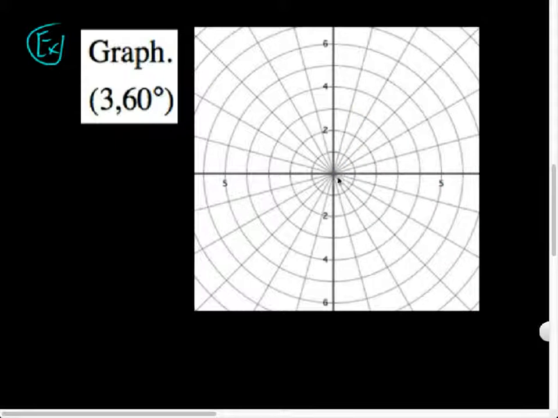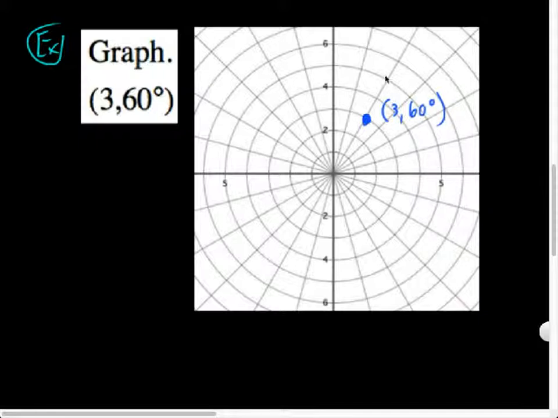So I could go out 1, 2, 3 units and then rotate at 60 degrees and land here. Or I could just try to figure out where's my 60 degree angle and then go out 3 units from there. All right, so whichever way you kind of think about that. But here's my point right there, and that is 3, 60 degrees.